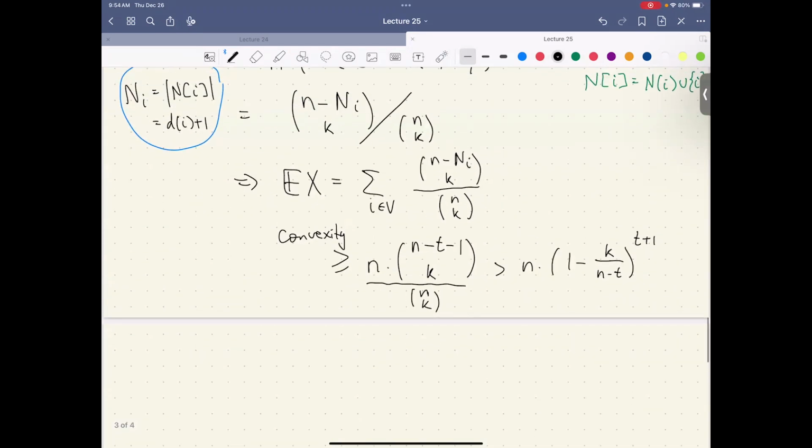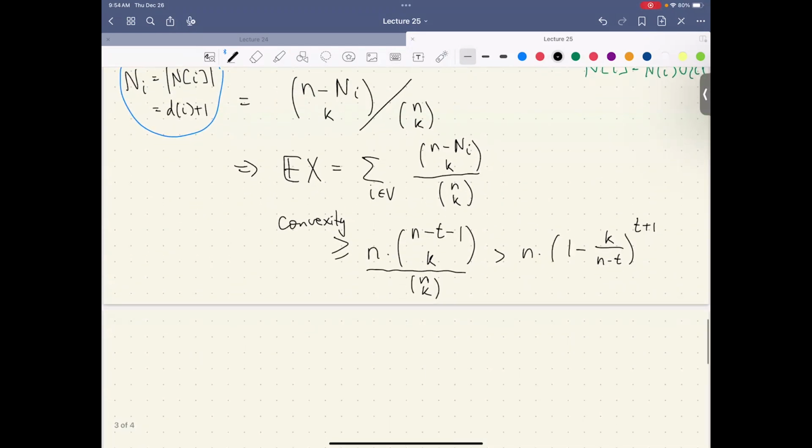Let's further lower bound the right-hand side. Since we choose t, recall that t, the average degree, is smaller than n over 100, and k is n over 100t.